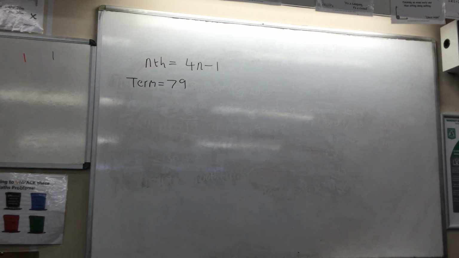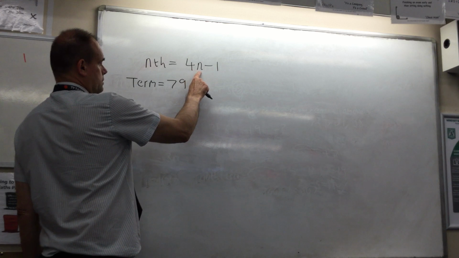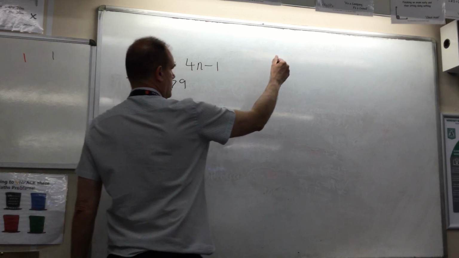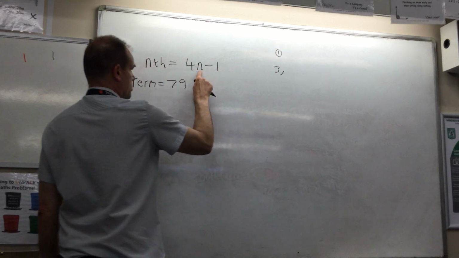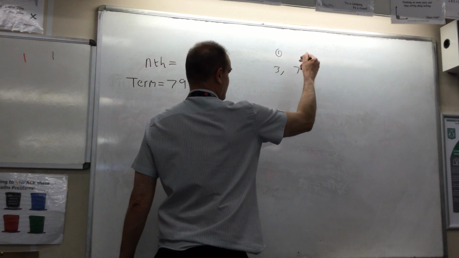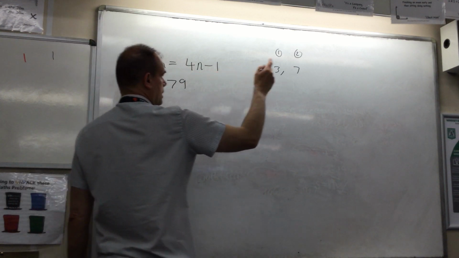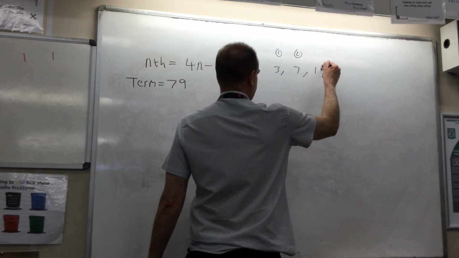That's one of the members of the sequence. Remember what you do: put 1 in, 4 times 1 is 4, take away 1 is 3, that's your first term. Put 2 in, 4 times 2 is 8, take away 1 is 7, that's the second term. Third term, 4 times 3 is 12, take away 1 gives you 11.